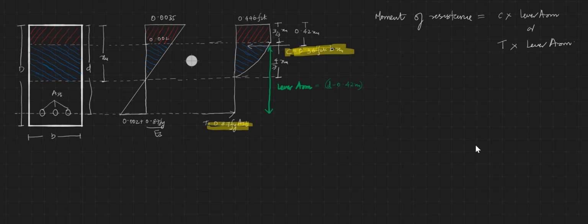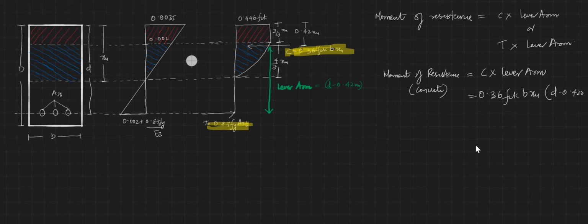So if I am writing the moment of resistance with respect to concrete, concrete is taking compression, I could write it as moment of resistance is equal to C into lever arm. C is what? 0.36 fck b xu into lever arm, which is d minus 0.42 xu.